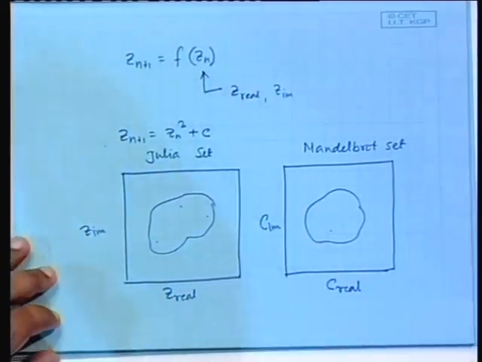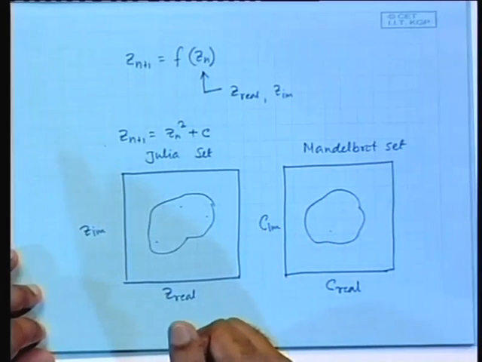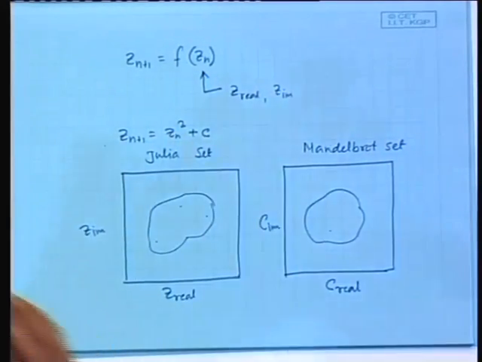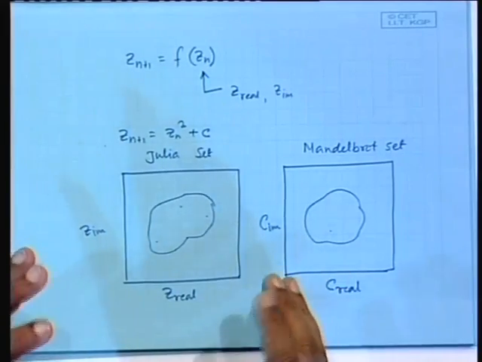This is a toy model of a dynamical system, and both in the parameter space as well as in the state space you can have fractal objects. There are certain conditions under which the basin of attraction becomes a fractal. There are certain conditions under which the set in the parameter space becomes a fractal, but in general you can expect fractals to exist in the parameter space of dynamical systems as well as in the state space of dynamical systems. This is the lesson that we have learned.